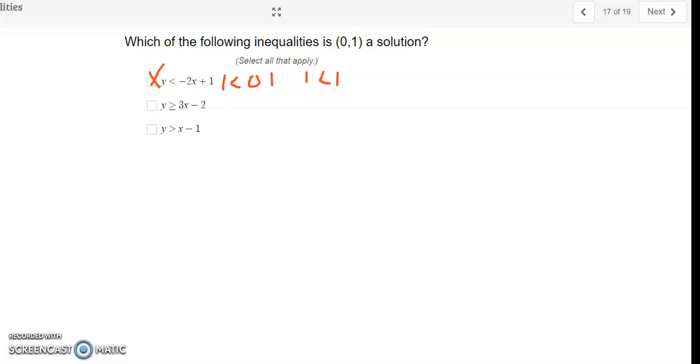And then I have 1 is greater than or equal to 3 times 0, which is going to be 0, plus 1. I should have a plus sign right there. There we go. Minus 2.